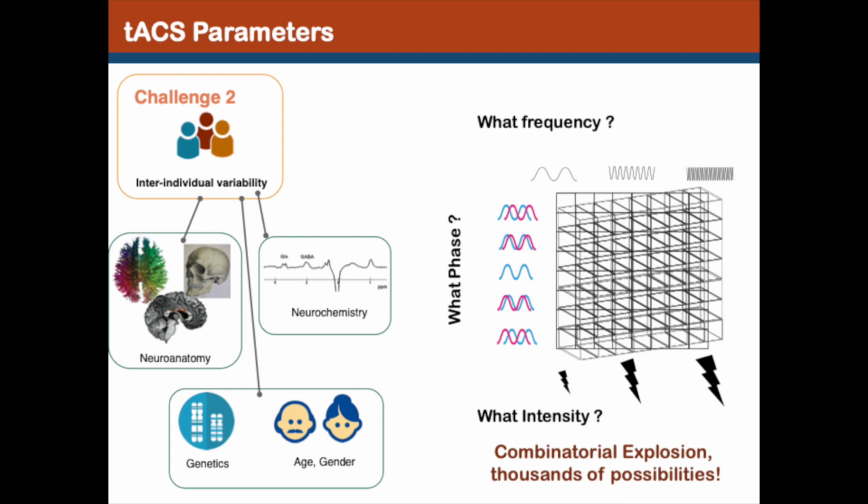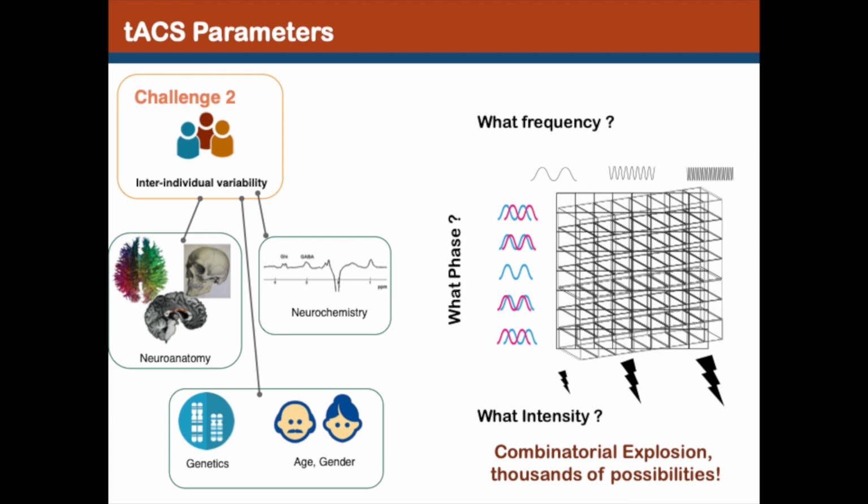So you see how I'm going with this. You start building a big parameter space that you have to pick in the beginning. And then what intensity? With tACS, people have shown simple dose response curves where if you put more intensity, it doesn't mean that the brain will respond in a linear fashion. So this just becomes a sort of combinatorial explosion.